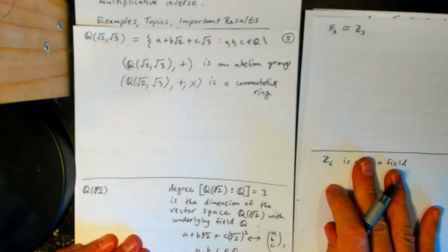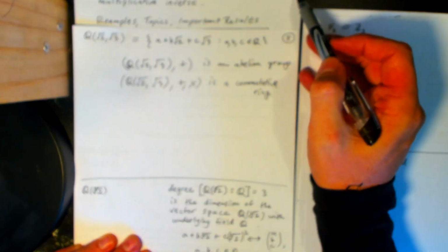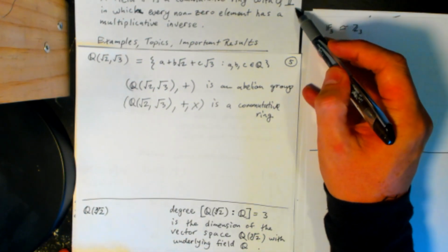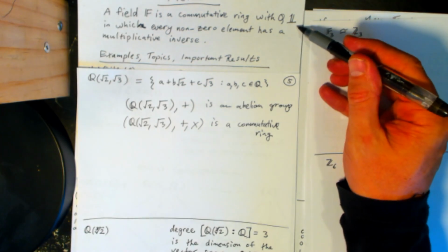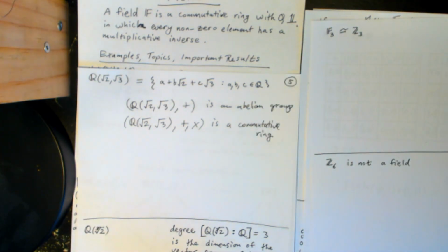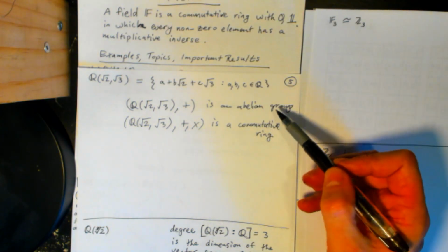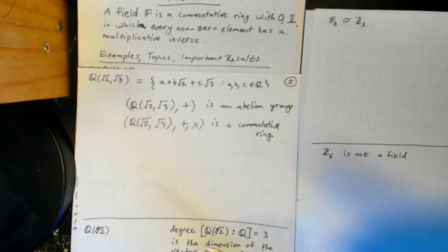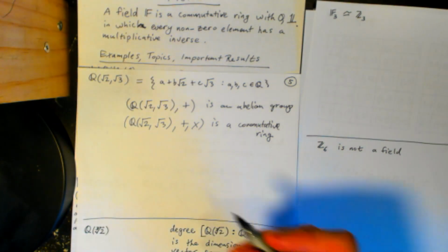And so we have 1 is our neutral or identity element of the multiplicative structure there. 0 is our 0 element or identity element of the abelian group. Multiplication distributes over addition.